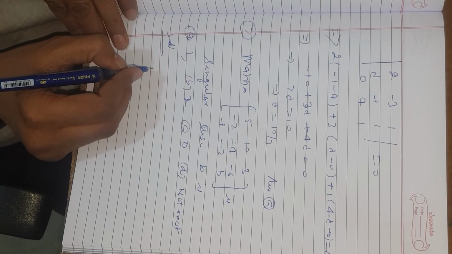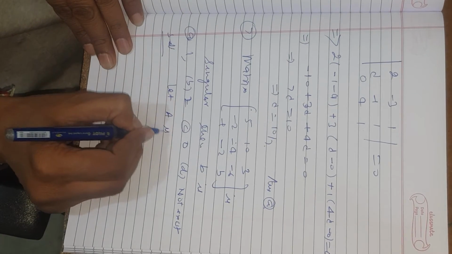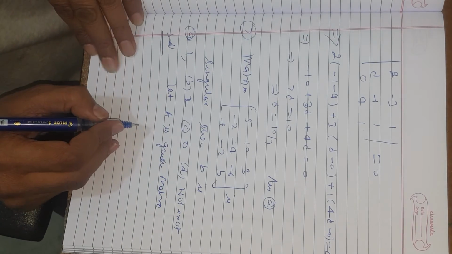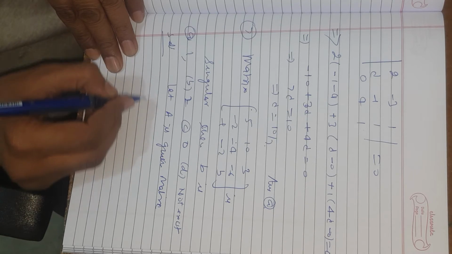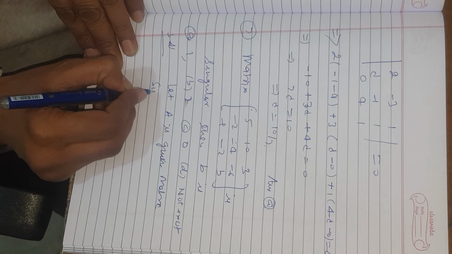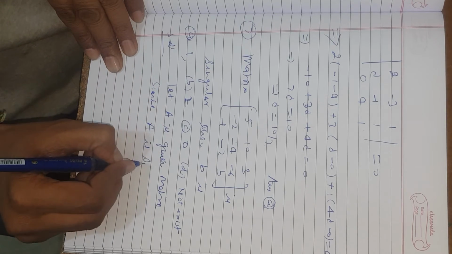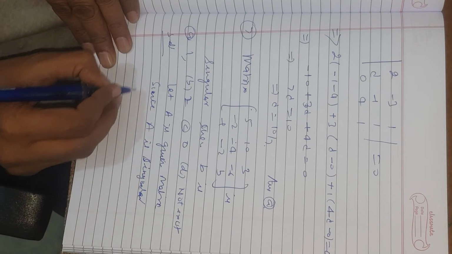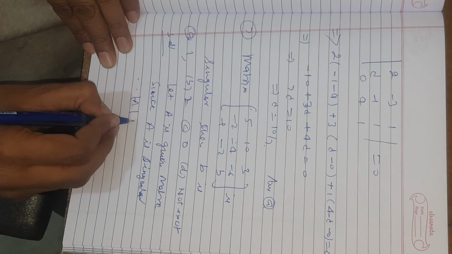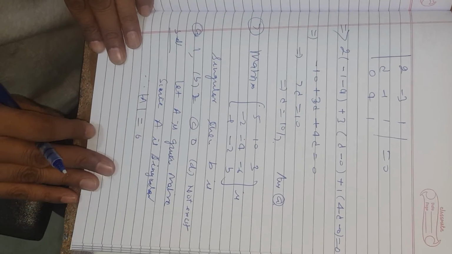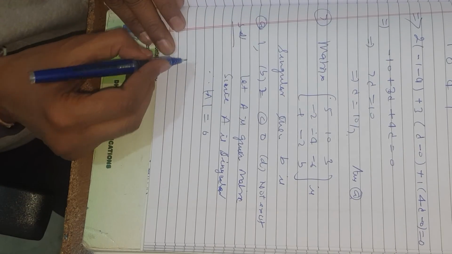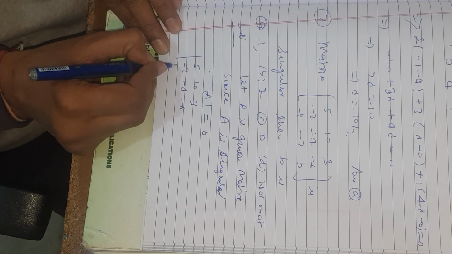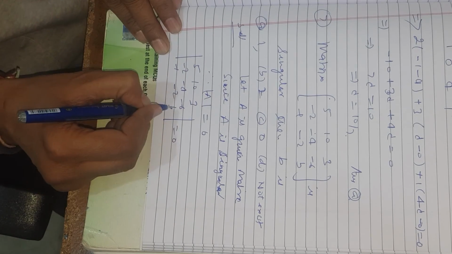Solution. Let A be the given matrix. Since A is singular, the determinant of A will be 0. Using the formula of the determinant, the determinant of the matrix with rows 5, 10, 3; minus 2, minus 4, minus 6; minus 1, minus 2, b is equal to 0.